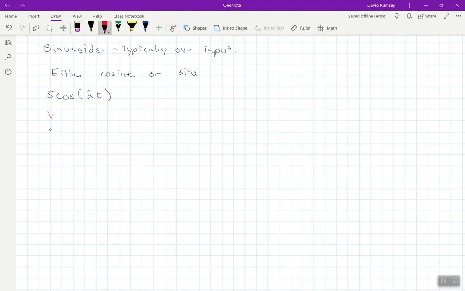From trig, we should remember that the 5 we usually refer to as something called the amplitude, which we still do here. And you may not have referred to this in trig, but hopefully you did. That number in front is actually the angular frequency. And the units of this is radians per second.